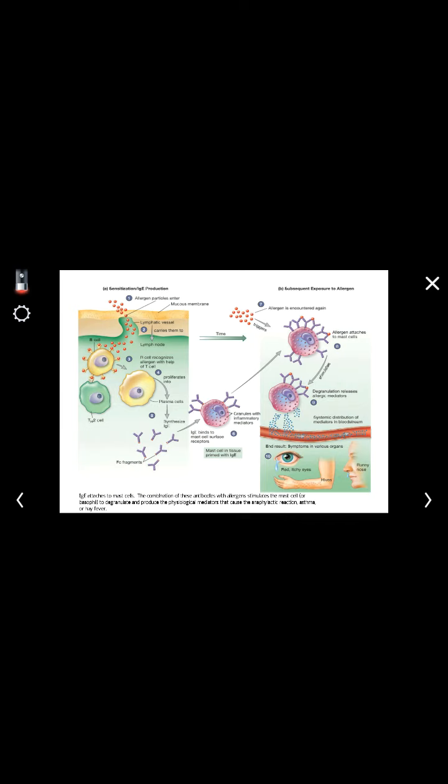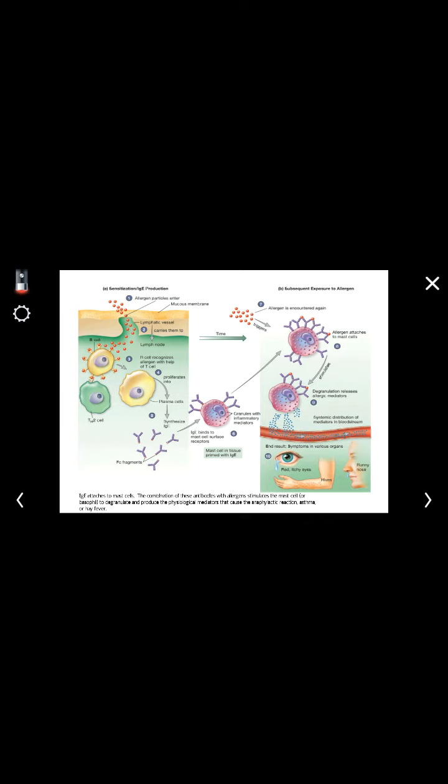That'd be IgE. So here we have sensitization of IgE production. Allergen particles enter through a mucosal membrane or lymphatic vessel. You have your pollen come in and bind to a B cell. The B cell recognizes the allergen with help of the T cell.